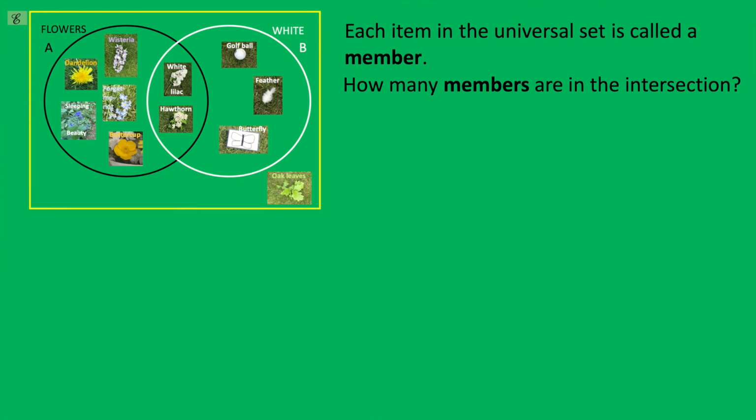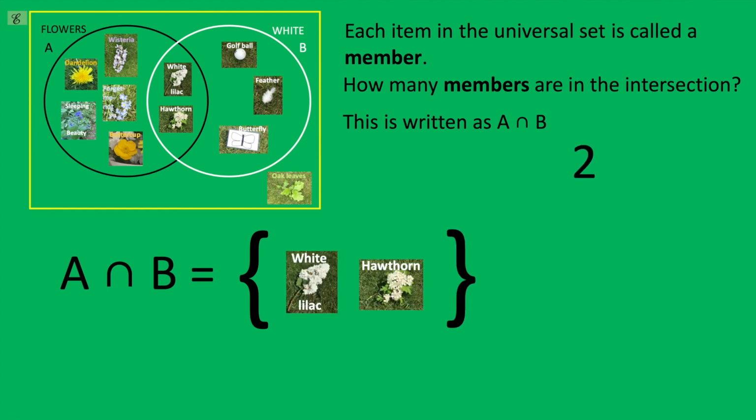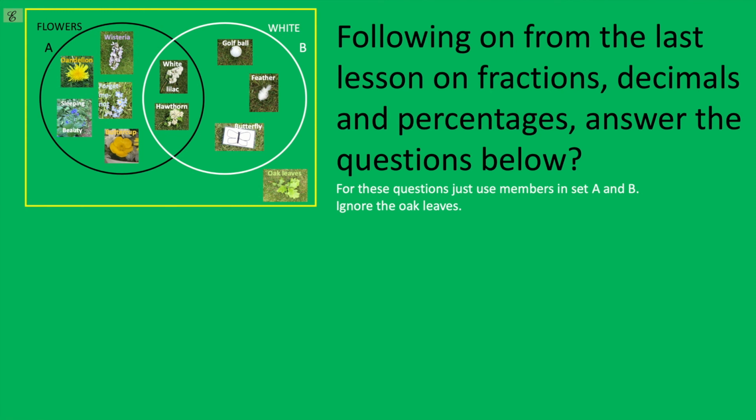How many members are in the intersection? And notice the symbol here, A, with an upside down U, B. So just 2.